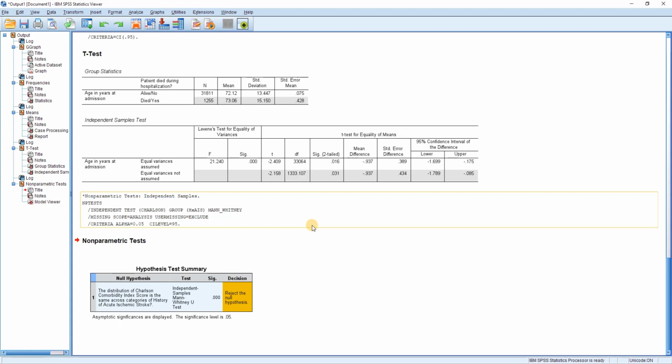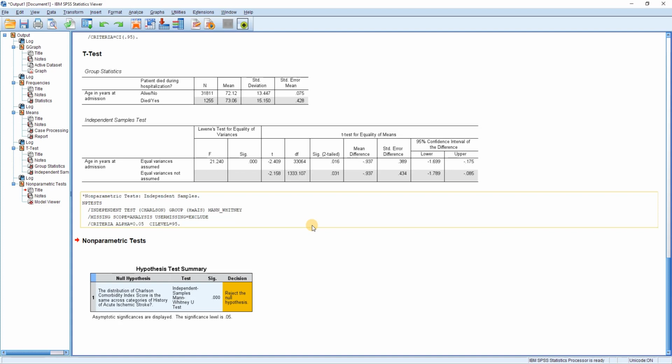So this null hypothesis is saying that the mean Charlson score, or distribution of the Charlson score, would be the same for patients that have had an acute ischemic stroke as well as patients that have not.